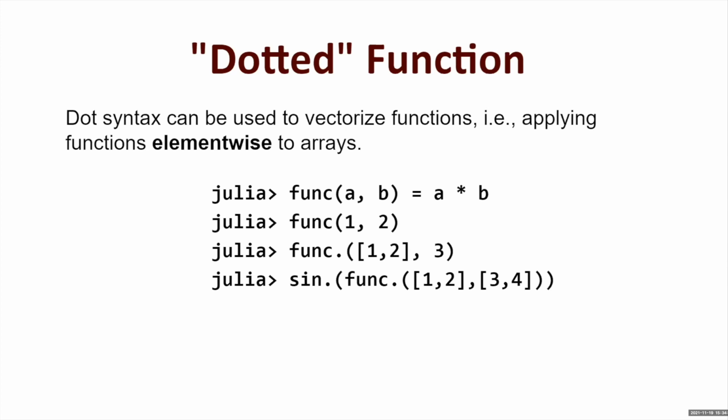The first input is 1, 2, which is an array. The second one is just a scalar. The element-wise operation with the scalar and array is just the scalar times each element of the array. So that's 3 times 1 for the first element, and 3 times 2 for the second element. That's when you don't have a matching dimension. If the second one is 3 and 4, what you will get is just 1 times 3 for the first element and 2 times 4 for the second element.